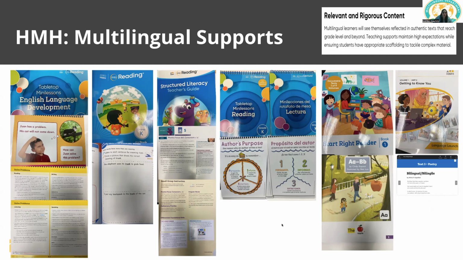For example, in phonics, if they're learning about the consonant S, on the side it says for multilingual learners, for Hmong speakers, for example, you might need to show them this articulation video or the visual of how they should be pronouncing that word. The videos are also included in this resource.